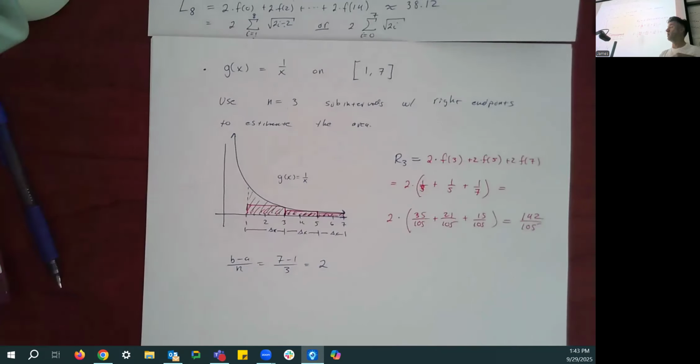So I just want to reemphasize, right endpoints don't necessarily mean you get an overestimate. They don't necessarily mean you get an underestimate either. They do if your function is strictly increasing or decreasing. But if your function is like the sine function that does stuff like this, you're not guaranteed an over or an underestimate. You just have an estimate.